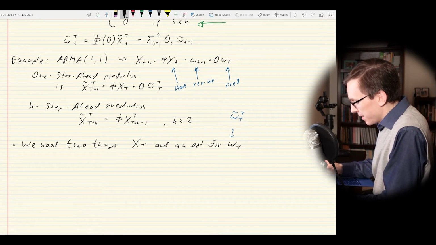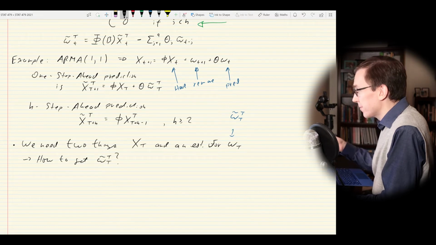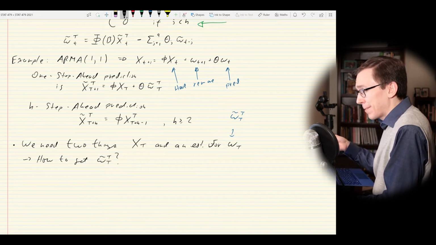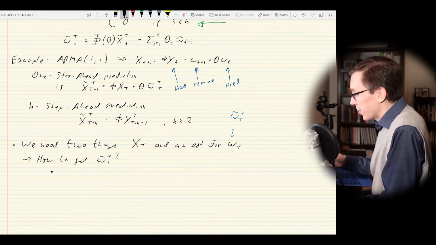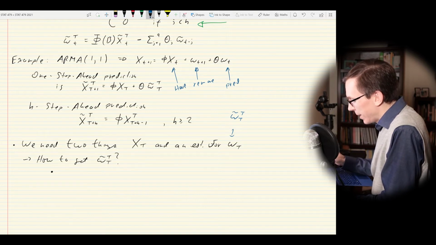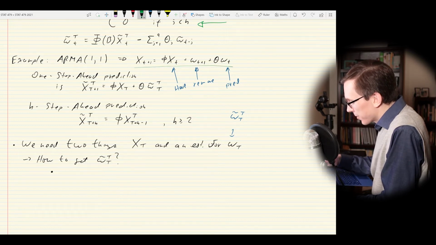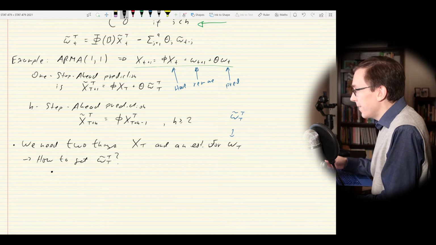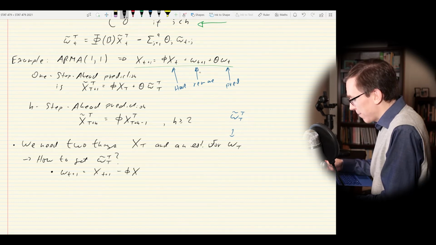So then the question is, how to get w tilde tt. Okay, well, let's think about that for a second, right? If we rearrange our ARMA equation here, underlined in green, what we end up with is wt plus 1 is equal to xt plus 1 minus phi xt minus theta wt.